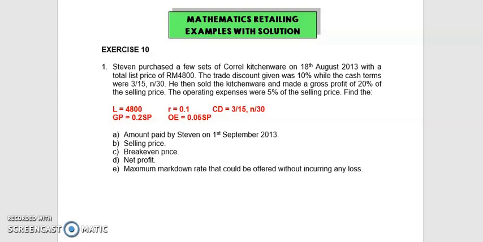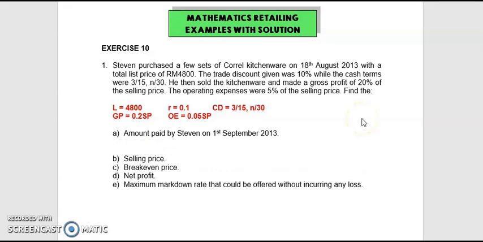Okay, look at question A. Find the amount paid by Stephen on 1st September 2013. So here we need to calculate the number of days first from 18 August to 1st September, equivalent to how many days? Because we want to see whether Stephen is entitled to this cash discount term or not.